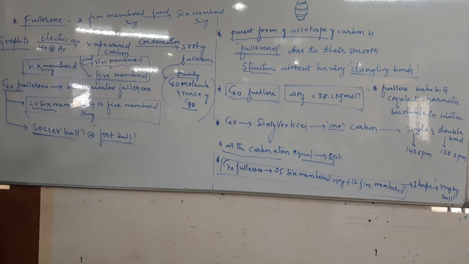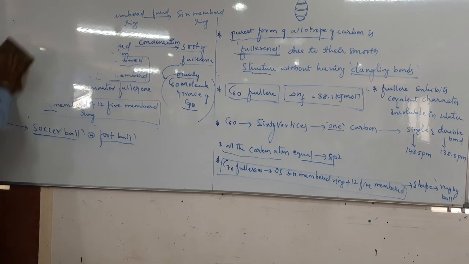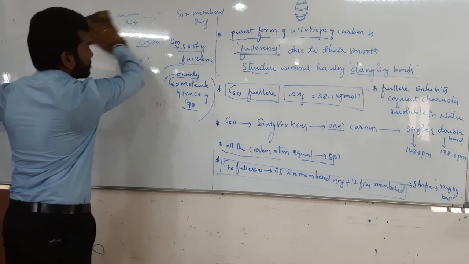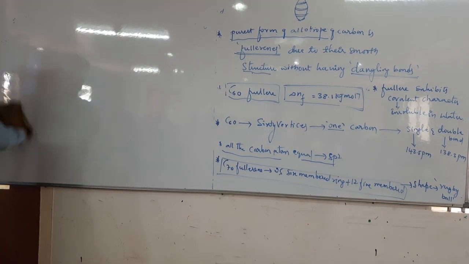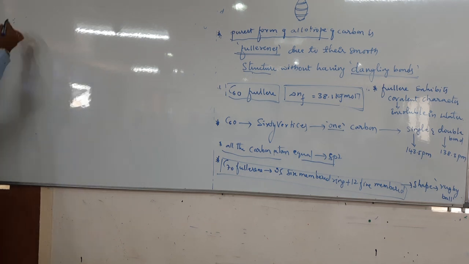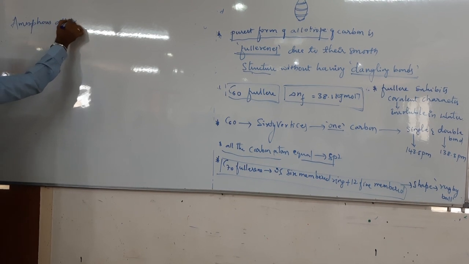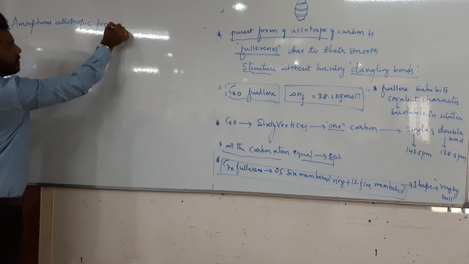Okay, so let us go with the amorphous allotropic forms of carbon.